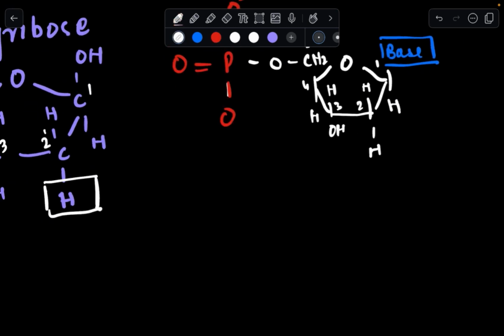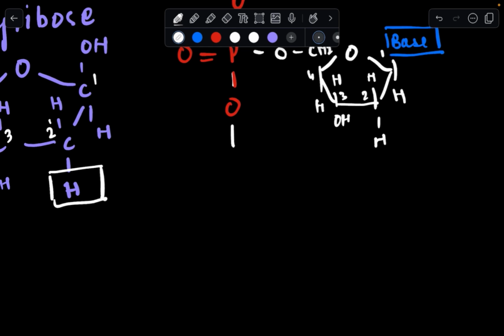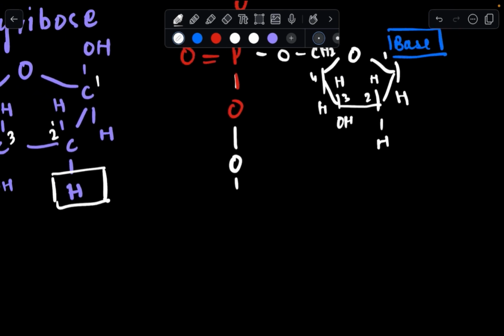This oxygen is attached to the third carbon of the other nucleotide.